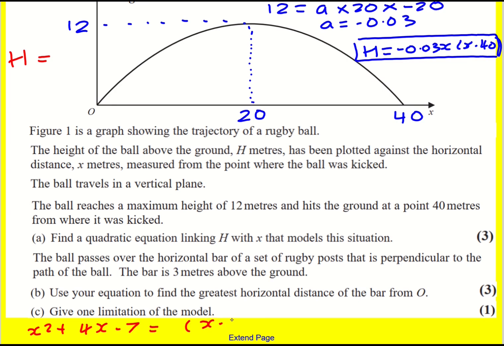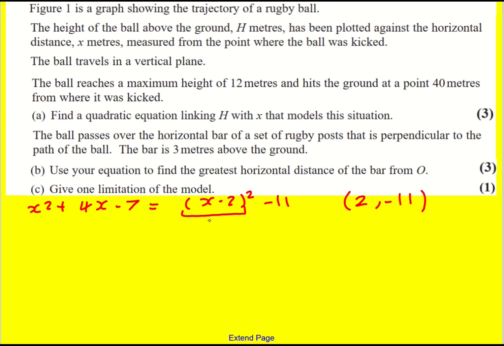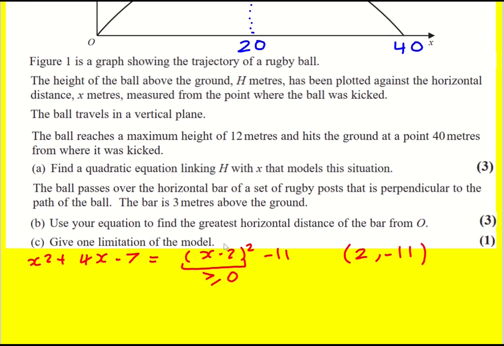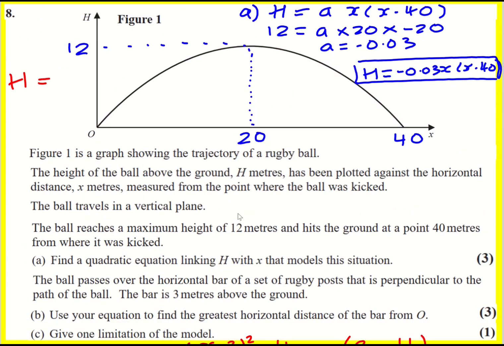This becomes x plus 2 squared minus 4 minus 7, so minus 11. And we get the minimum at x equals minus 2, value minus 11. I'm not going to go into lots of detail on that, except to say that this thing is always greater or equal to 0, so the thing overall is greater or equal to minus 11, and this will occur when x is the value that makes the bracket zero. Now, if we have the maximum, we can therefore work our way back.